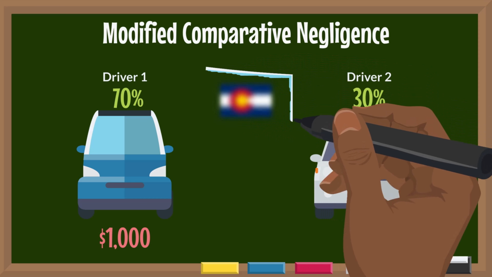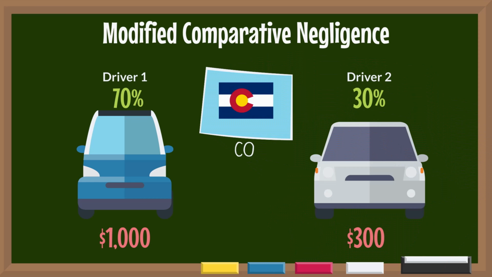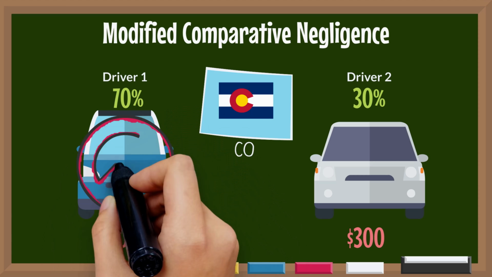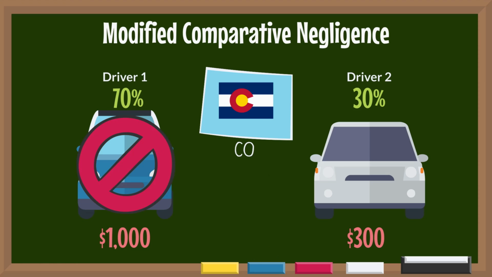Let's also say that this accident took place in Colorado, one of the states that follows the 50% bar rule. Given that driver 1 is 70% at fault for the accident, they will not be able to recover any of their damages from driver 2. But since driver 2 is only 30% at fault for the accident, they can recover 70% of their damages from driver 1.